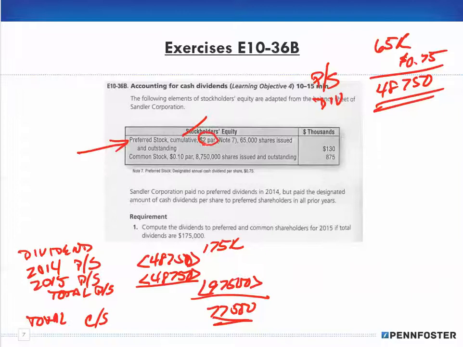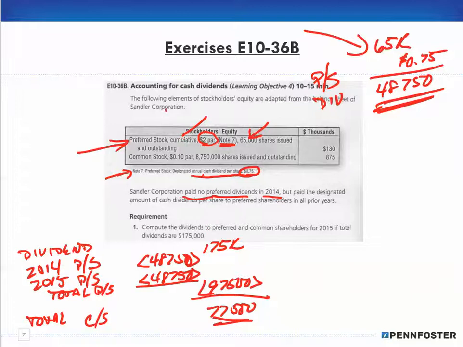And it says its par is $2, but the note says the annual cash dividend per share is 75 cents. Well, if there's 65,000 shares at 75 cents, we get the 48,750 that is owed each and every year. Now it says Sandler Corp paid no preferred dividends in 2014.